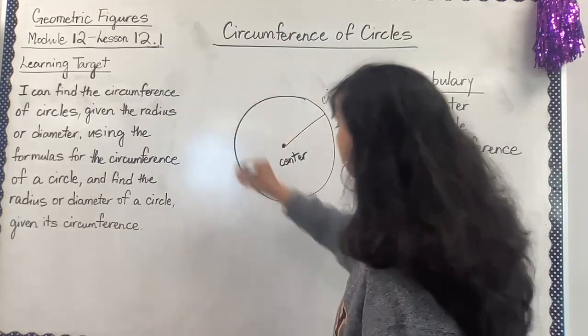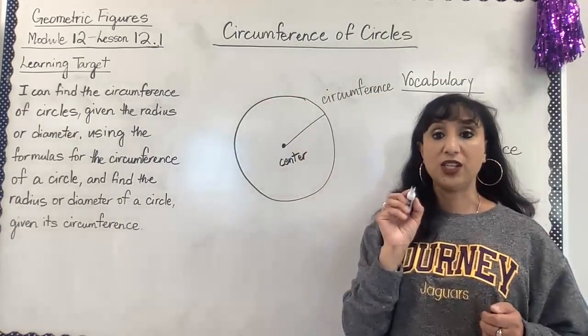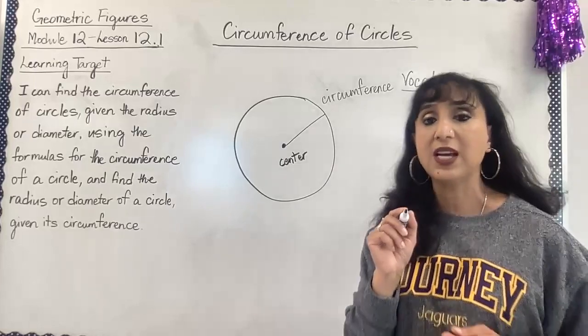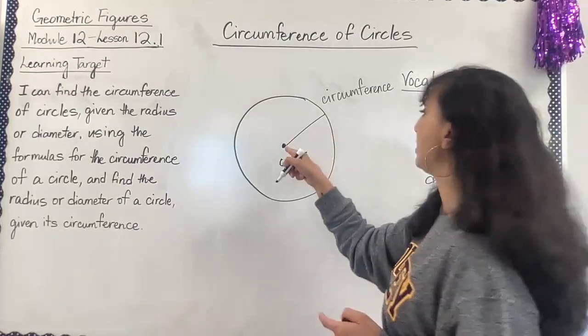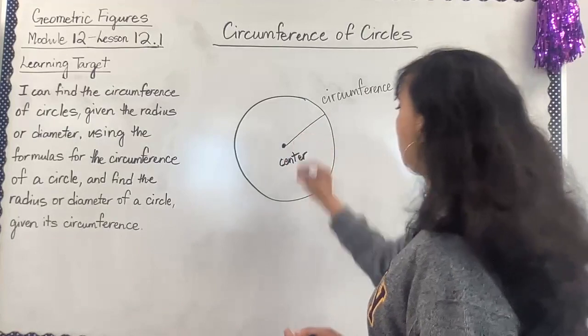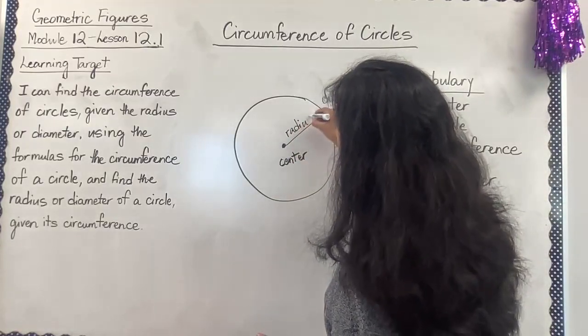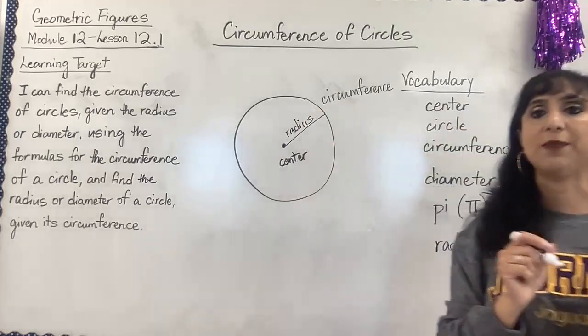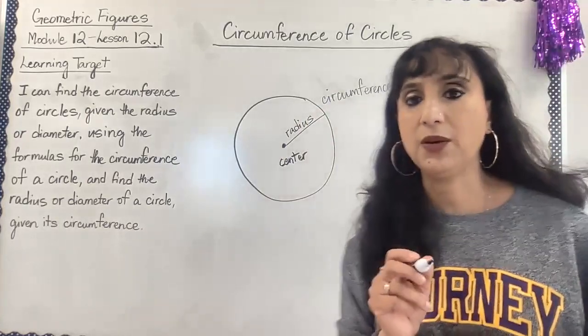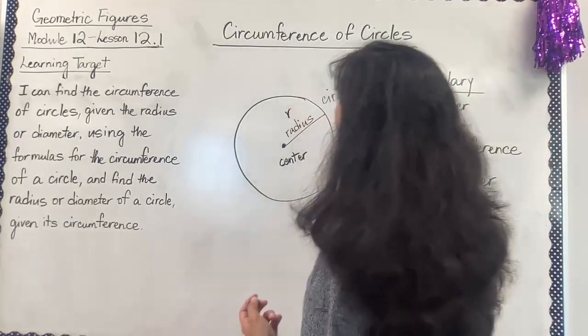And from the center to the circumference, any part over here, this is called the radius, which is represented by r.